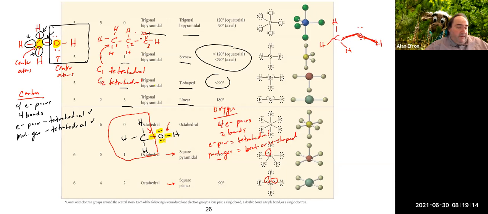Carbon number 3, though, would have 3 electron pairs and only 3 bonds, so carbon 3 would have trigonal planar molecular geometry. So if you have multiple of the same element and you're doing geometry, a lot of times you number them and give the geometries for that.